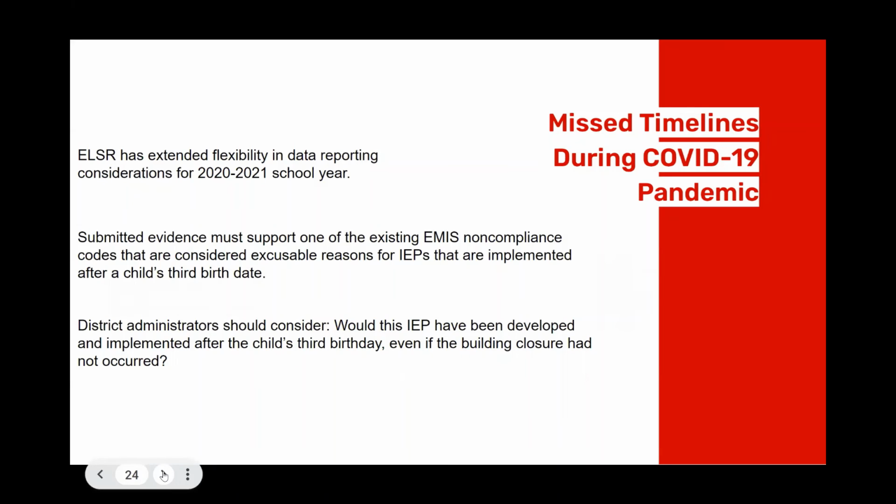However, what you want to consider is, would this IEP have been developed and implemented after the child's third birth date, even if the building closure had not occurred? Because again, they want to be sure that the reason this happened is one of the reasons, something that happened medically, or that the parent did not bring the child for the evaluation, things like that. And again, this is all outlined in the manual as well.